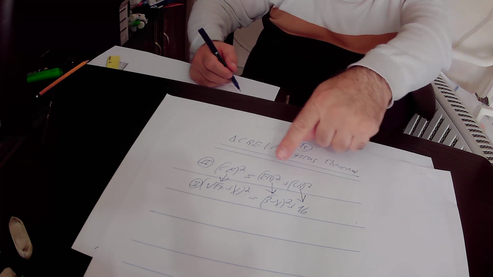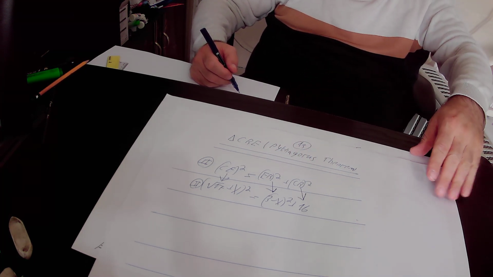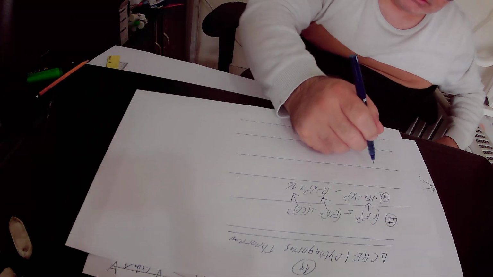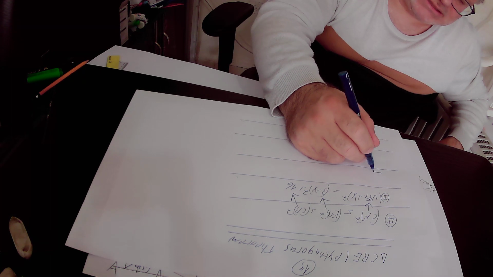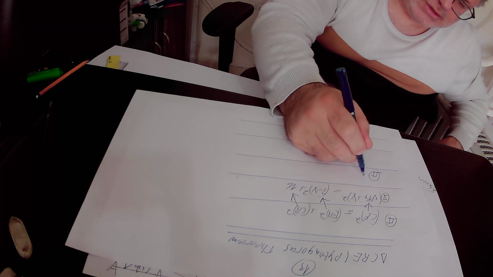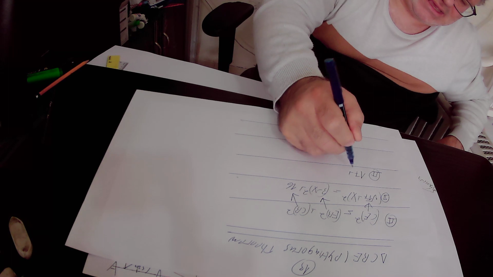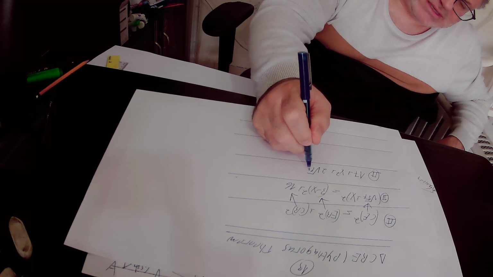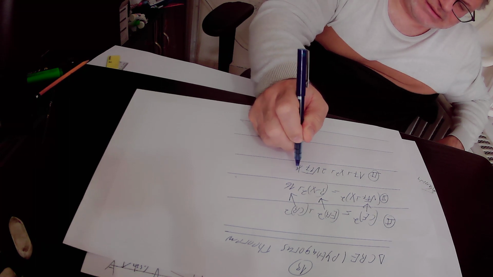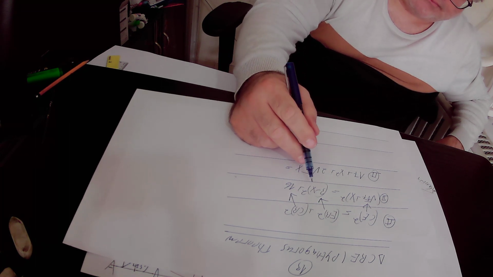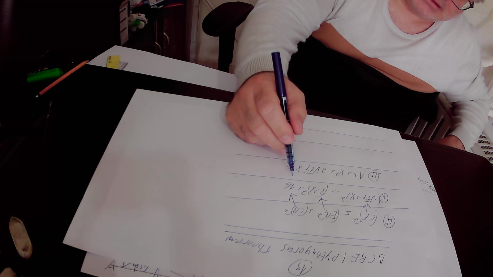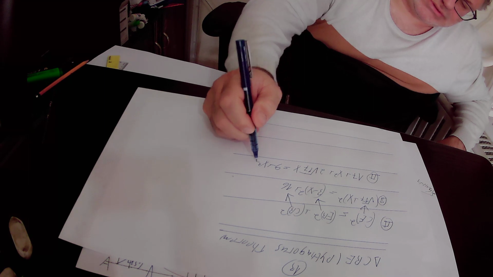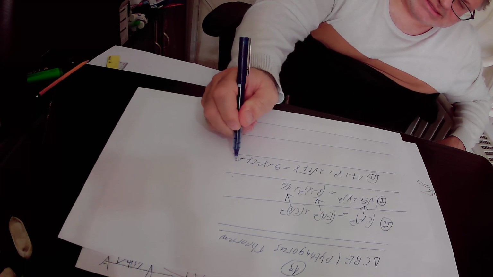Here we will open the brackets on both sides of equation number 2, and we will get that (square root of 17 plus x) squared is actually 17 plus x squared plus 2 times square root of 17 times x, and it equals (3 minus x) squared, which is actually 9 plus x squared minus 6x, plus 16.